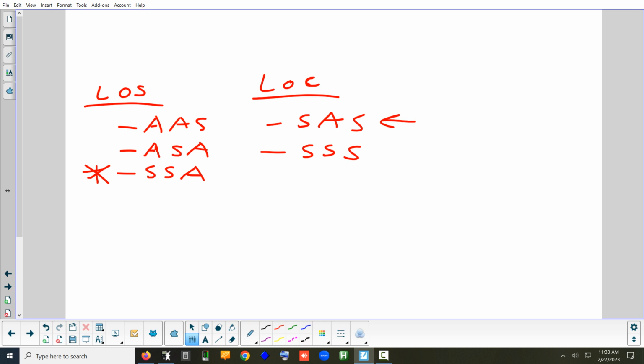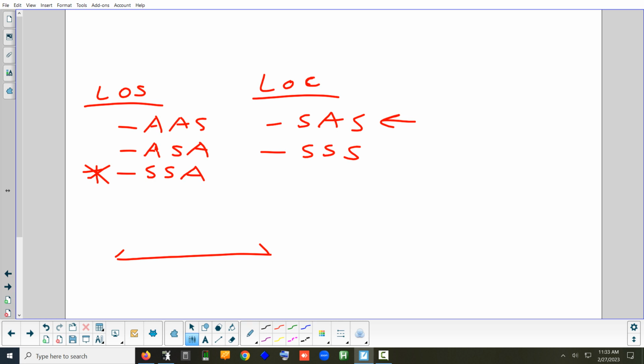Imagine I gave you sides of 1, 1, and 300. Do you think you could make a triangle? Probably not. So remember the rule about triangles. What's the rule with sides in a triangle? Any two sides added together have to be bigger than the third.